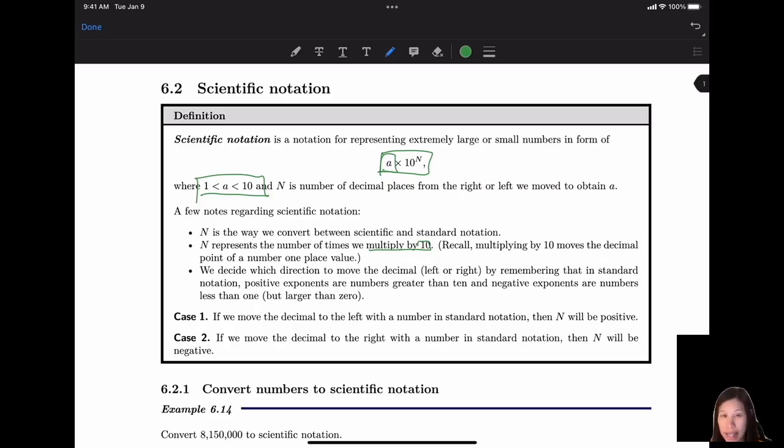If n is a negative number, the whole number is going to be less than 1. So there are two cases. If we move the decimal to the left with the number in standard notation, then n will be positive. If we move the decimal to the right with a number in standard notation, then n will be negative.